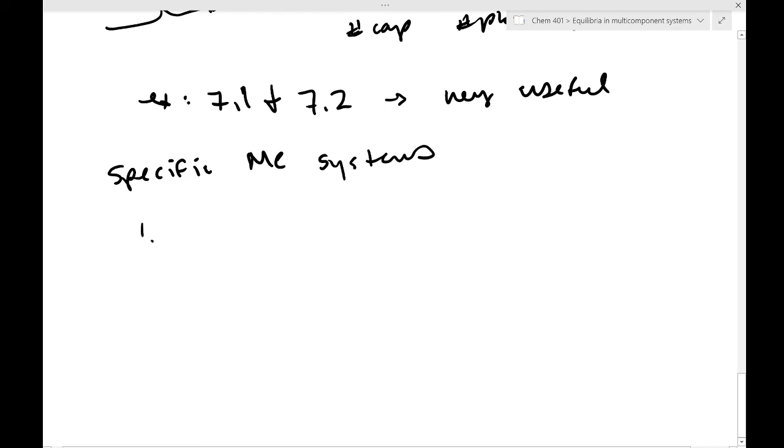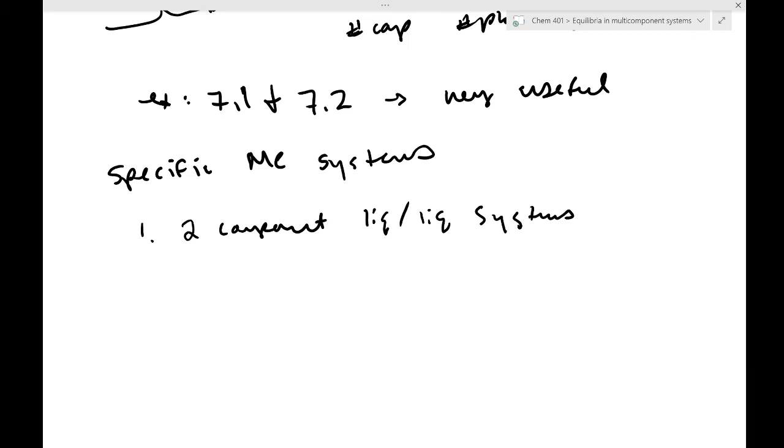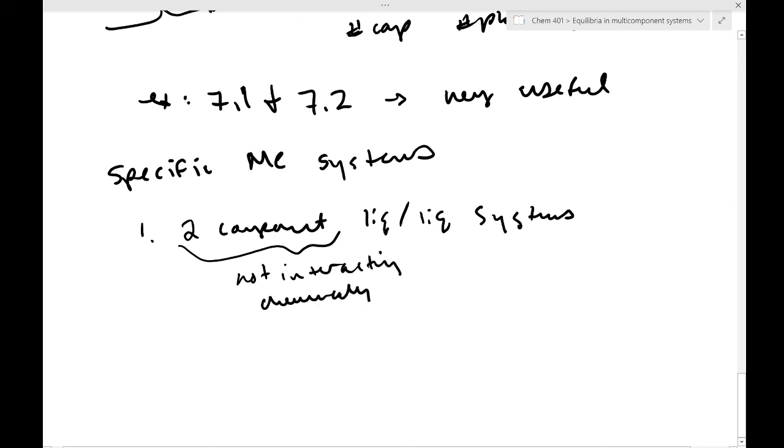The first one we're going to talk about is two-component liquid-liquid systems. That means that both of these things are in the liquid phase and they are mixed together into some system. One thing that's important here is that these two components are not interacting chemically. Okay, they're not interacting chemically within this specific multi-component system.